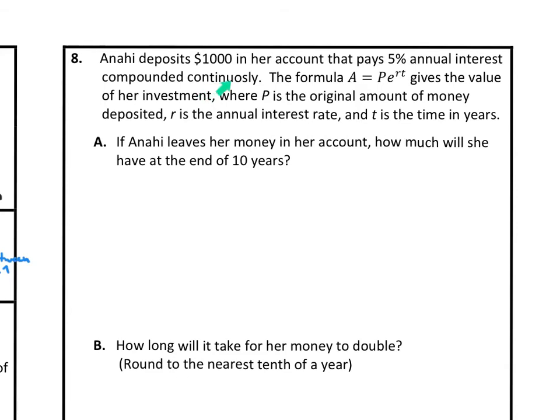So keyword continuously. Remember we said if we use the word continuous, we're going to be using the number e. The formula A equals P times e to the rt gives the value of her investment, where P is the original amount of money she deposited, r is the annual interest rate, and t is the time in years.